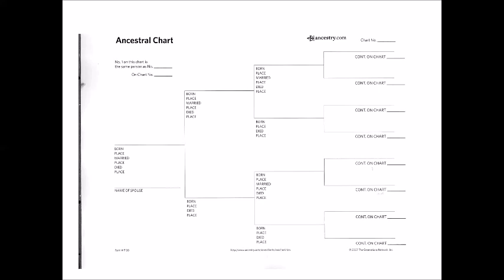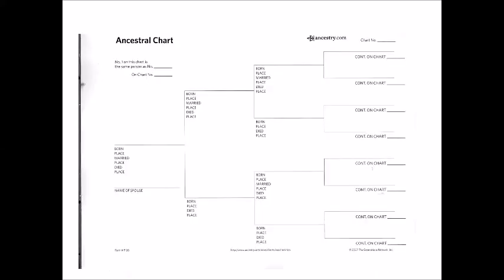So you can use this ancestral chart, and you can also use what they call a family group record. And this is where you'd put, so the ancestral chart is for you and your direct ancestors. A family group record includes sort of peripheral relatives.